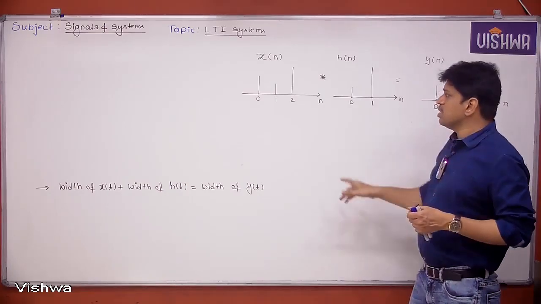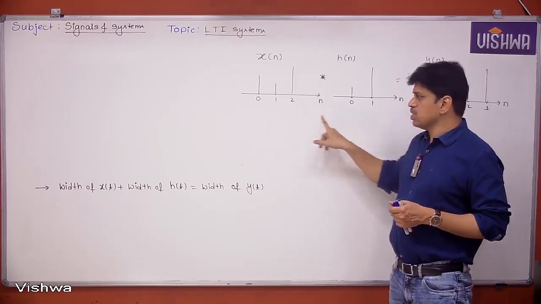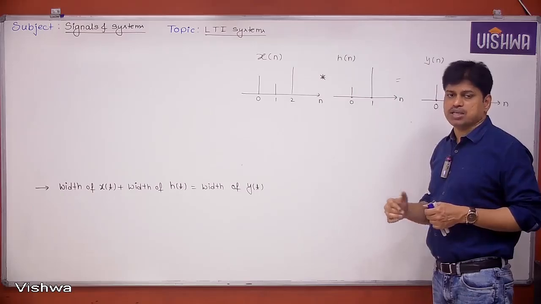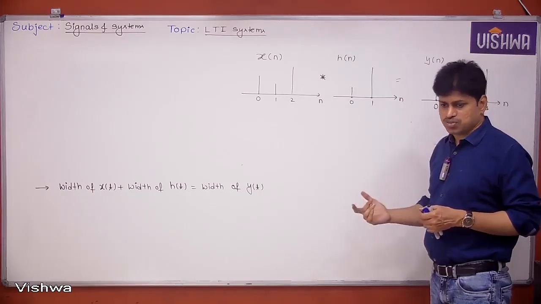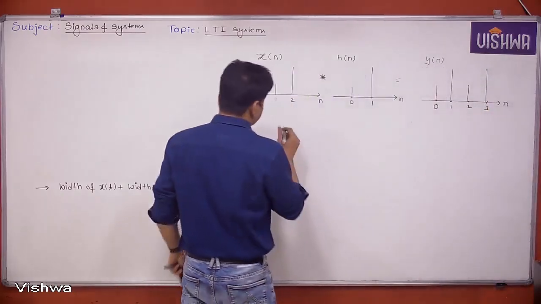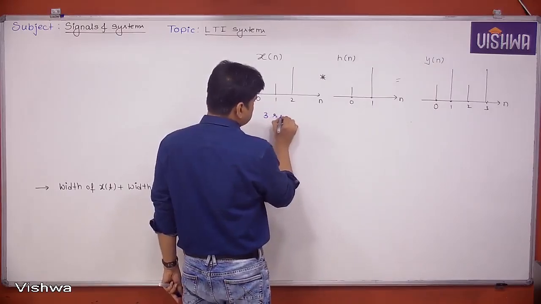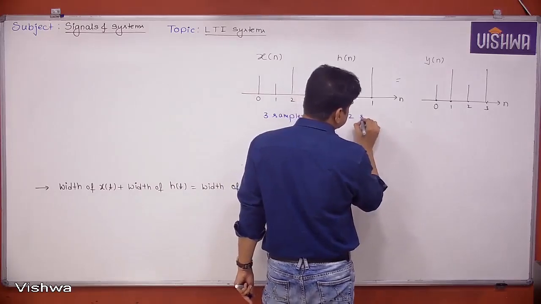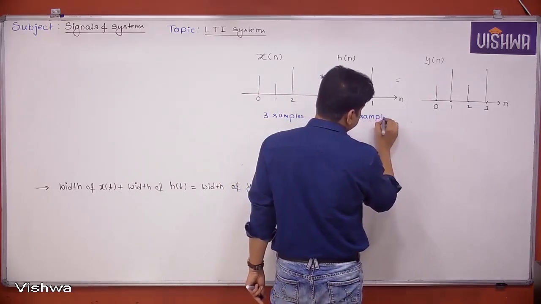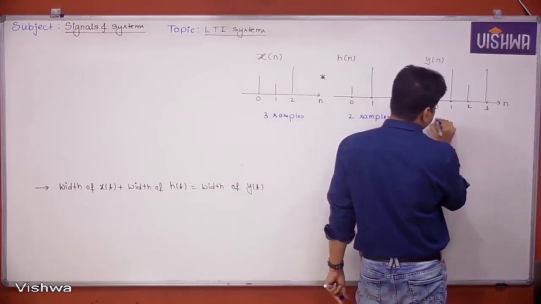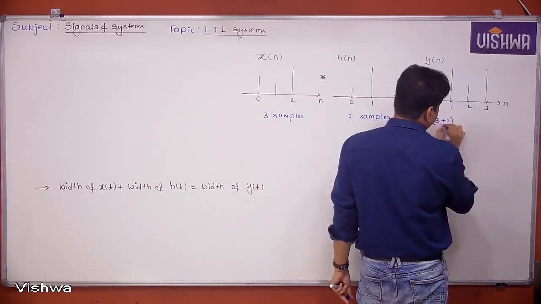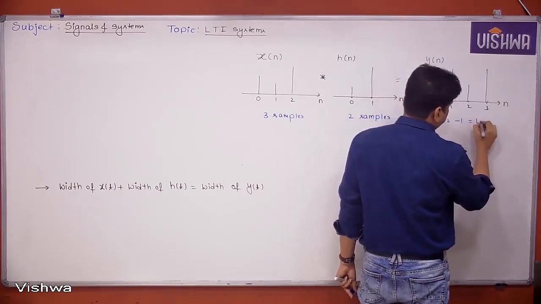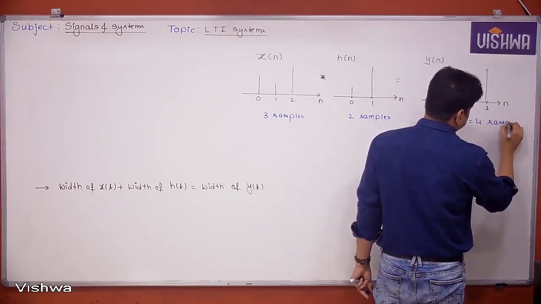So from this I can say, if there are n1 samples in one signal and n2 samples in the other, then the number of samples in y of n is n1 plus n2 minus 1. That is the meaning of it. That means it is having 3 samples, and it is having 2 samples, and it is having 3 plus 2 minus 1, which is 4 samples.